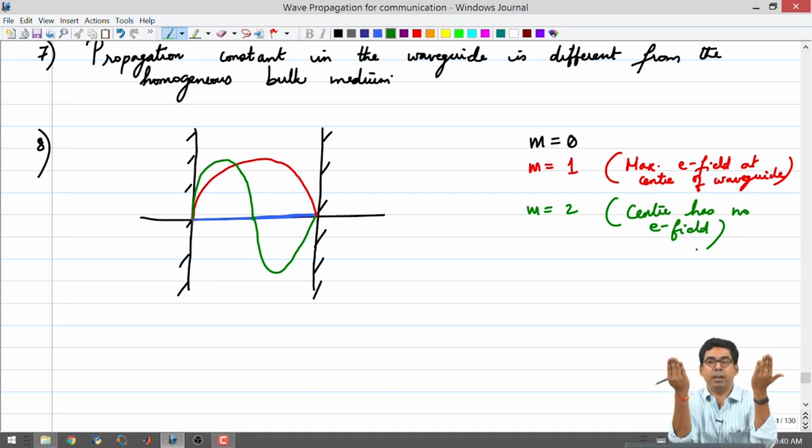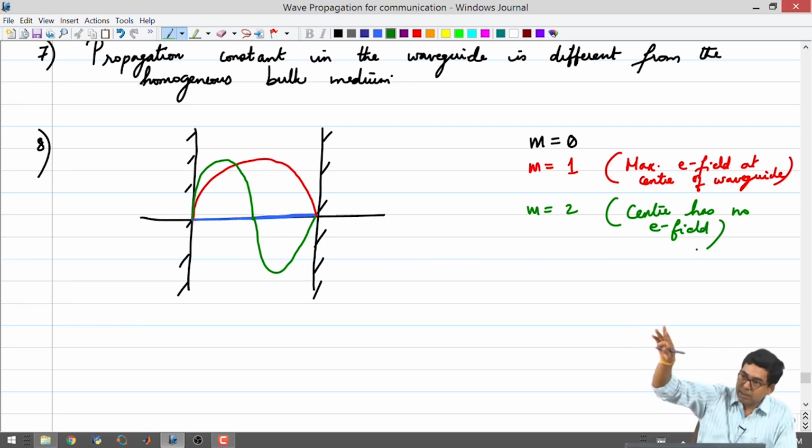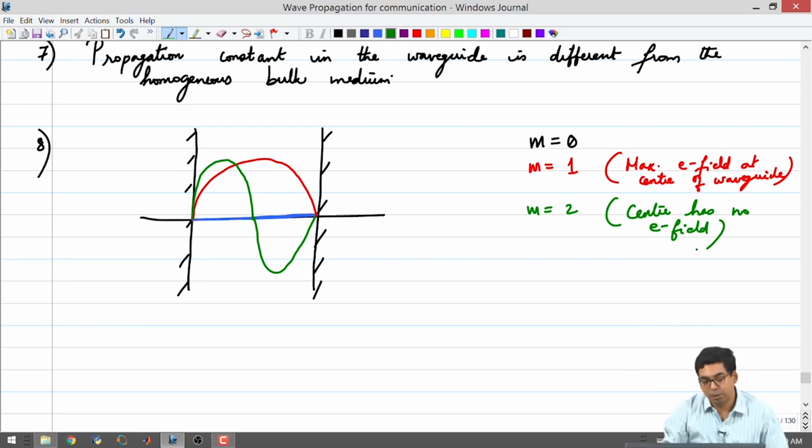That is, if I take the waveguide and fold it in half like this, the profile is going to be symmetric. Whereas in the case of m equal to 2, if I were to fold it, it is not really symmetric, because one has a peak in the upward direction and the other has a peak in the opposite direction. So, we can say that m equal to 1 is a symmetric mode, and m equal to 2 is an asymmetric mode. These are some observations that we can make.